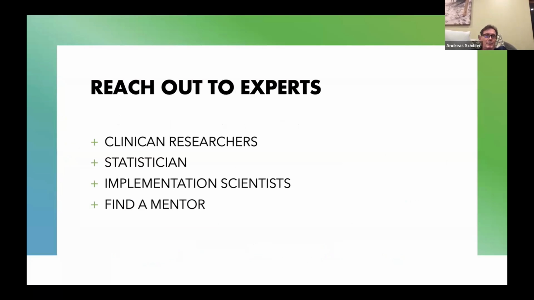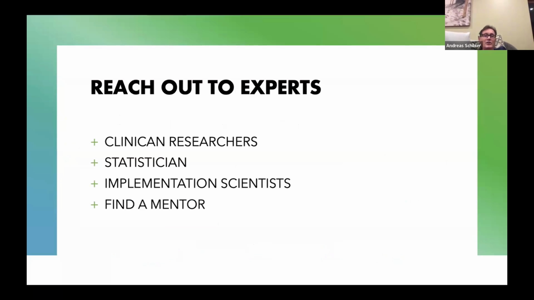Most important, reach out to experts. And that's where WFPICCS is actually engaging in more initiatives now. We are establishing a mentoring program. So reach out to someone who's done the work before, who's made the mistakes before, and reach out to a statistician.